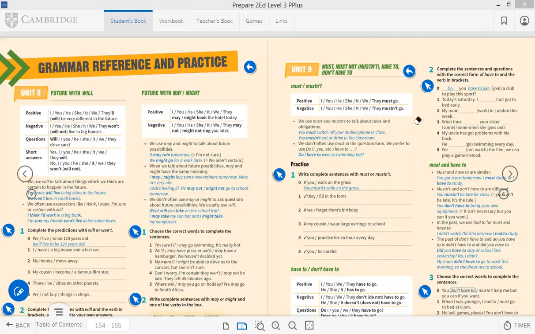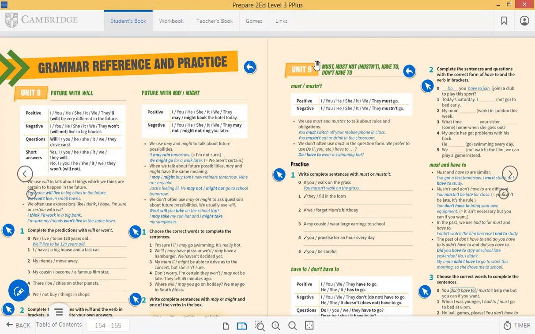Okay, so this is the same process, but now with practice number 2. Complete the sentences and questions. Also, we can form questions. Do you have to answer your book? Yes, I do.